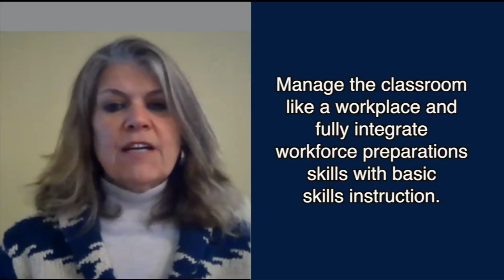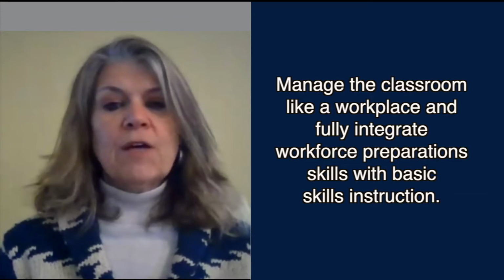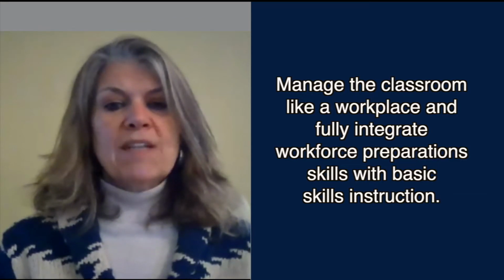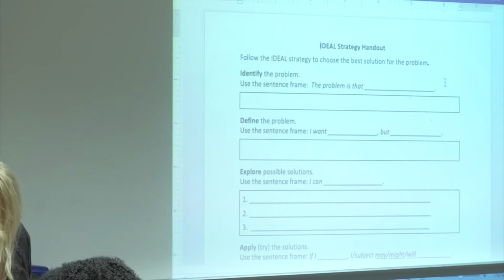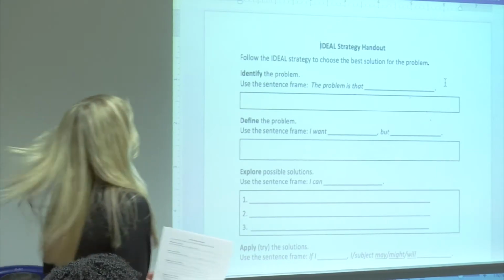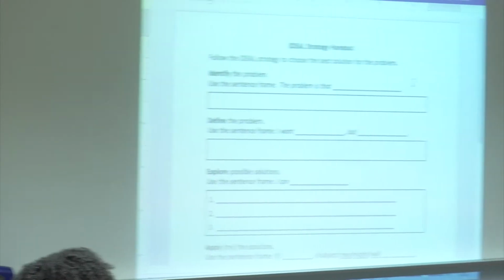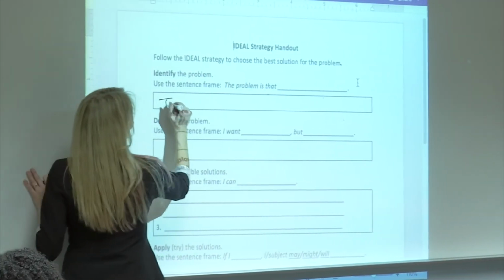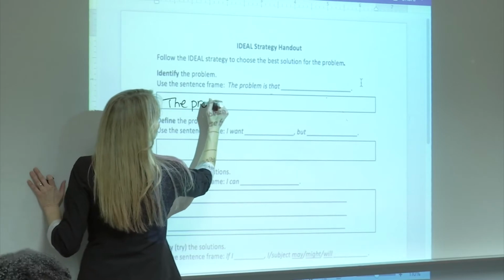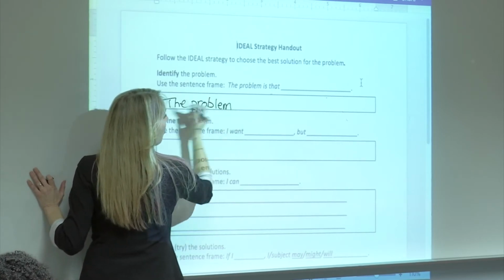Second is to manage the classroom like a workplace and fully integrate workforce preparation skills with basic skills instruction. This exercise practices the TSTM skill of interpersonal skills. You can write it in the box, the whole sentence. The problem is. The problem, I want you to practice the whole sentence.